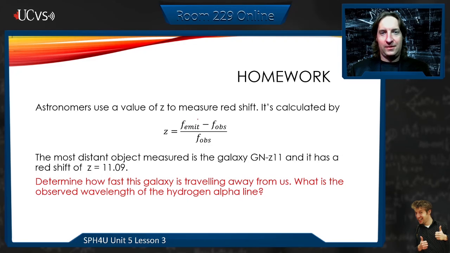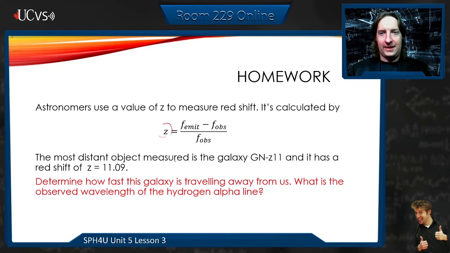So this would be like 656, take away the frequency observed, and divided by the frequency observed. So 656 take away 803, divided by 803. Okay.